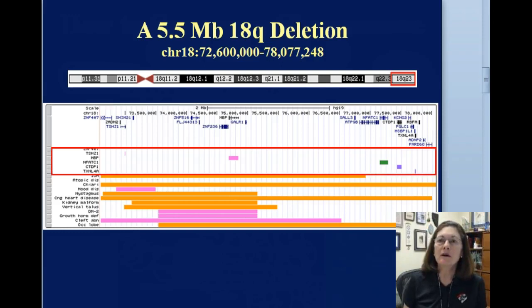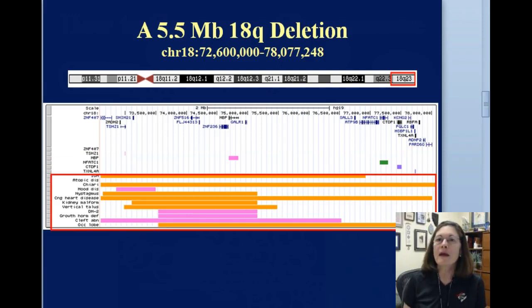Below that are the genes in our clinical hemizygosity map, so this is the gene deletion map: the classifications of just the genes that we think have clinical consequences when you have a deletion of them. And the bottom section are the phenotypes associated with a deletion of this region of chromosome 18.